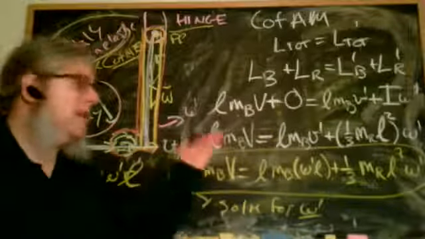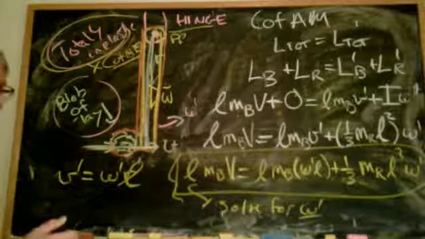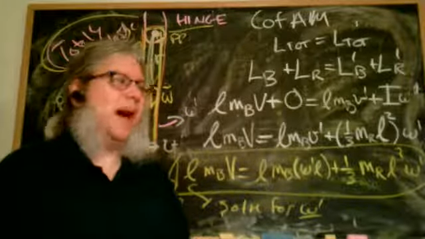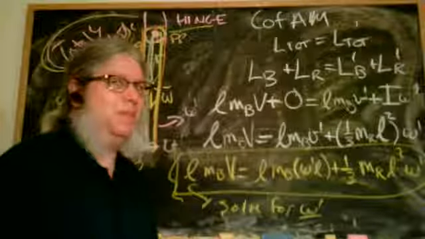That's all I've got for today. So again, conservation of angular momentum. It's the last tool in your toolbox, but might be the only tool in your toolbox to solve a particular problem.